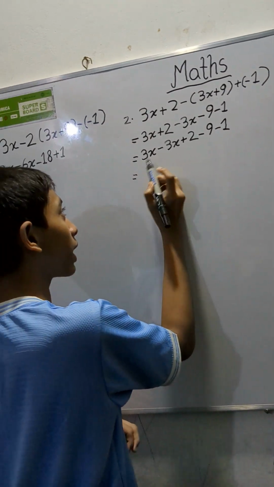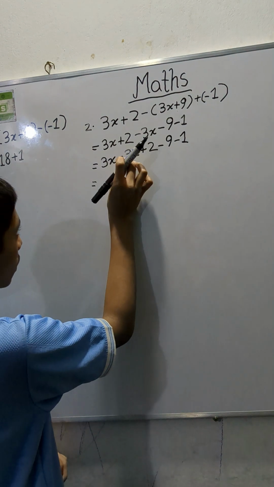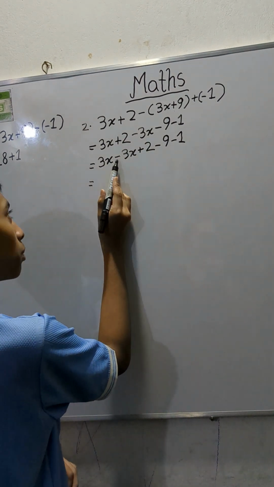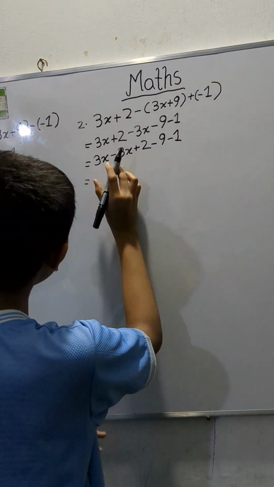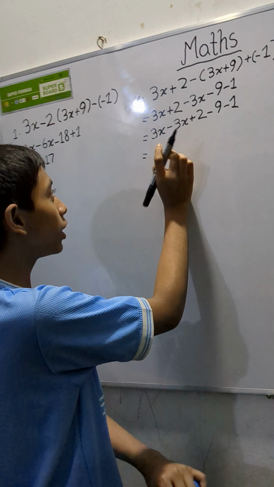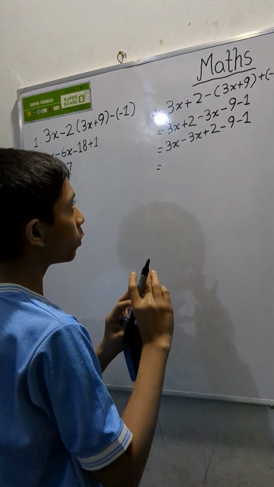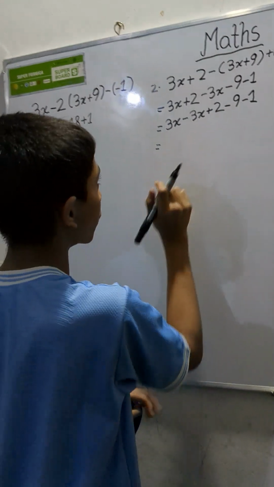Plus 3x minus 3x. Don't write minus sign, because here's 3 and here's also 3. Here's minus, here's plus. So if you subtract 3 from 3, then it will be 0. So we will not write anything here.